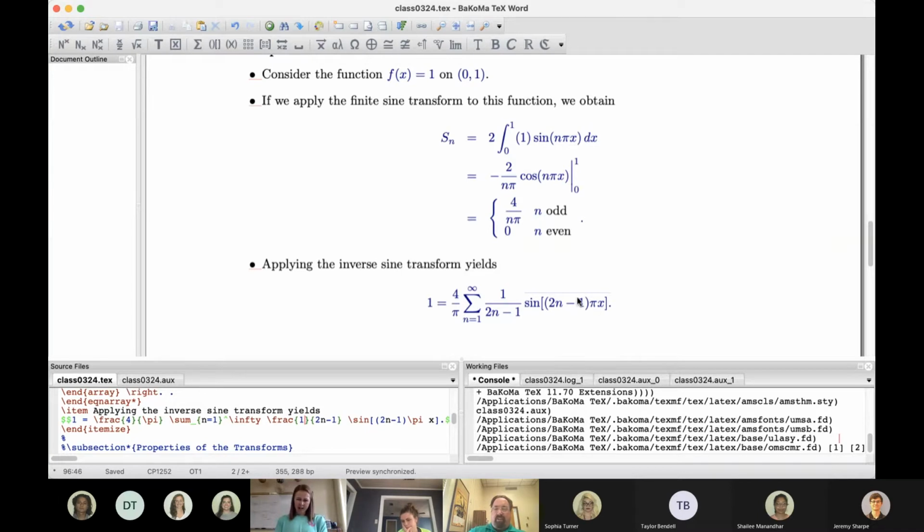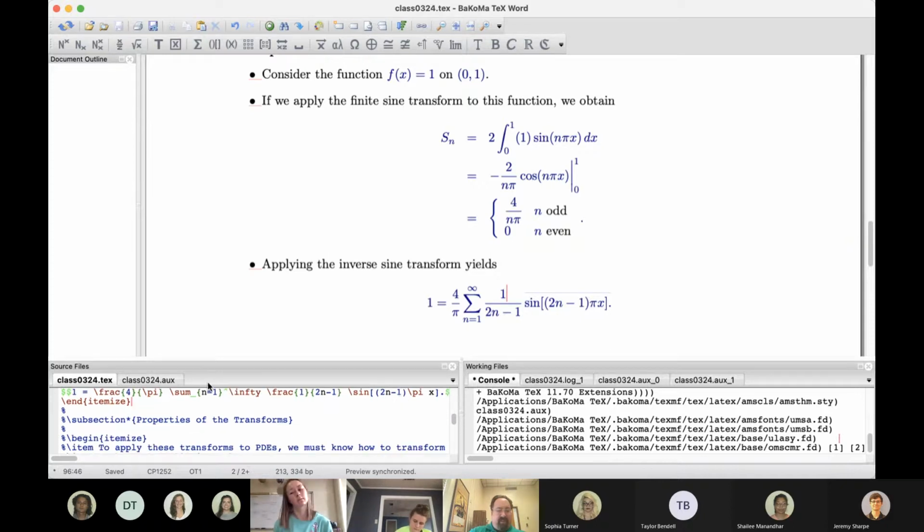Here we're constructing a function that is going to be 0 at the endpoints, but here this is always equal to 1. Whereas if you have a function that is already equal to 0 at the boundaries, convergence would be much faster.